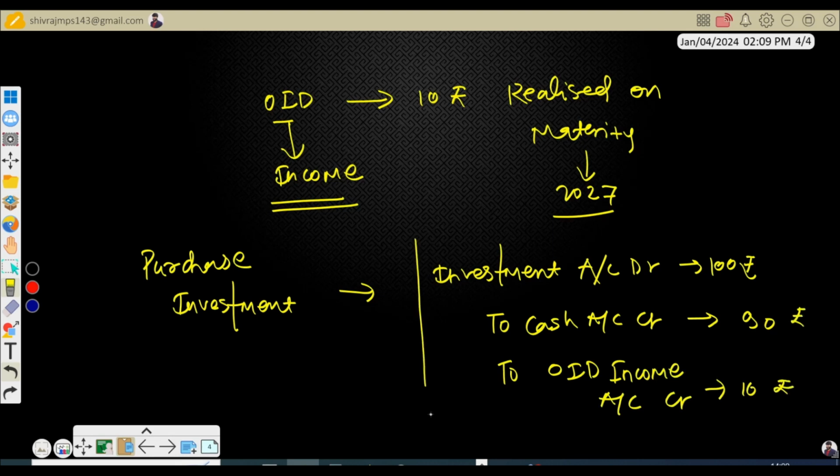So this is how you can record OID fees in your OID income.